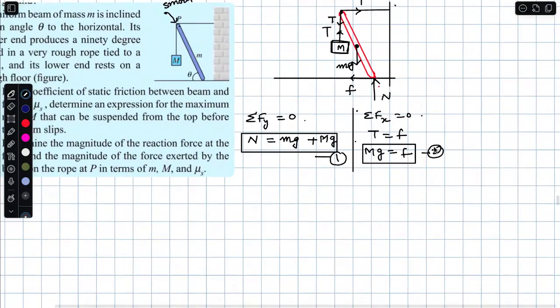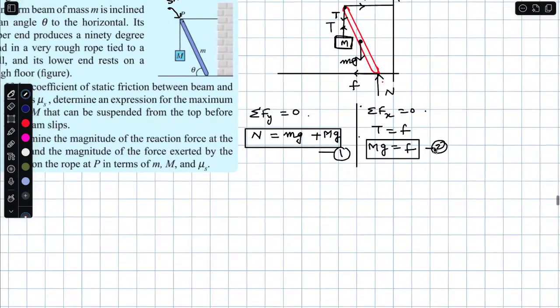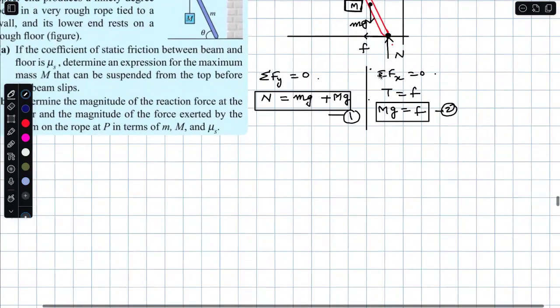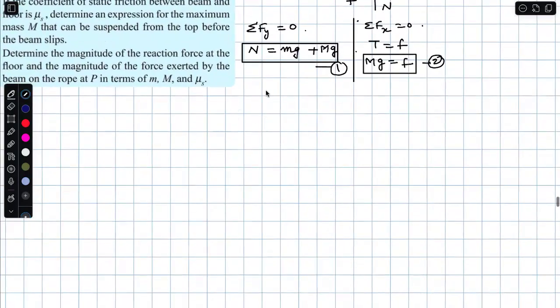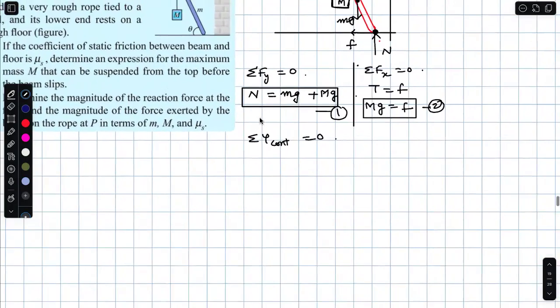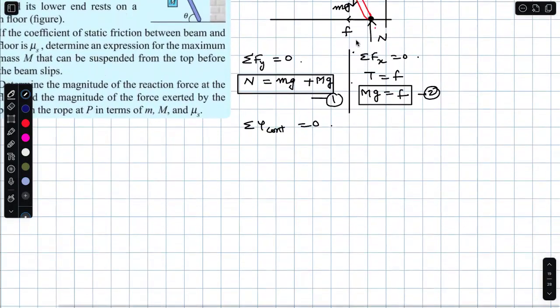Now you please tell me which point you prefer me to apply torque. If I am not mistaken, you will definitely choose this point for the application of the torque. Right? So, net torque about the contact point is equal to 0. So that results, you said this angle is theta.